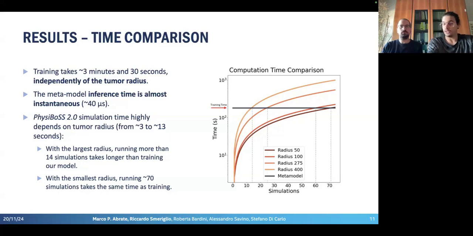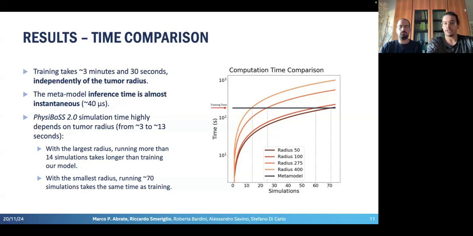a lot on the number of cells, as we can expect, since all the cells are simulated differently. With a tumor radius of 50 micrometers, the number of simulations needed to reach the training time needed to train the specific model is more or less 70 simulations, while in the best case scenario with a radius of 400, the number of simulations required is more or less 13 simulations.